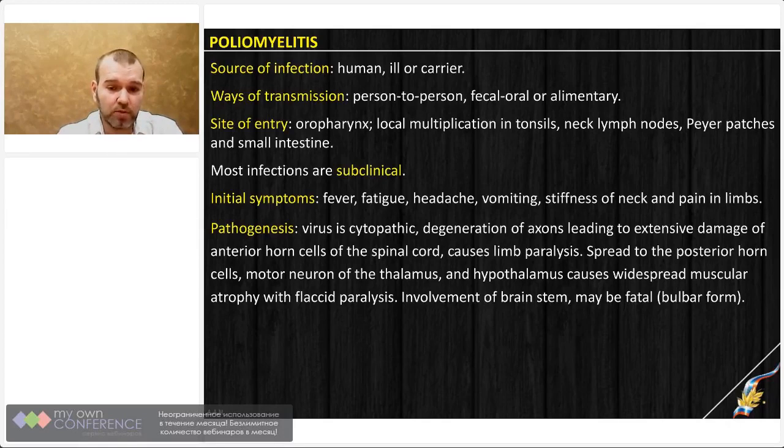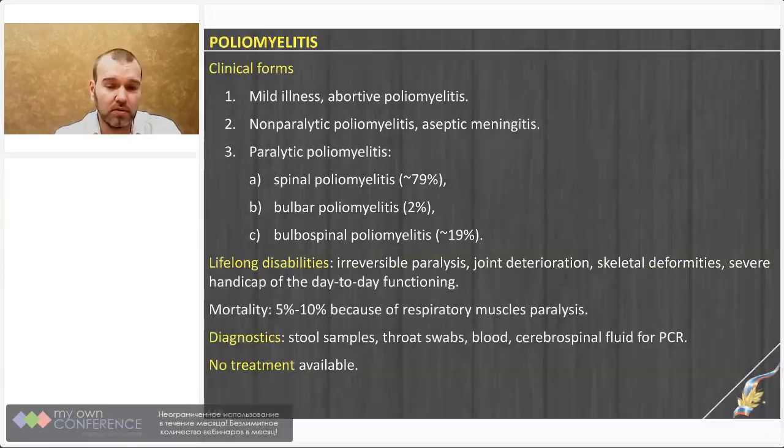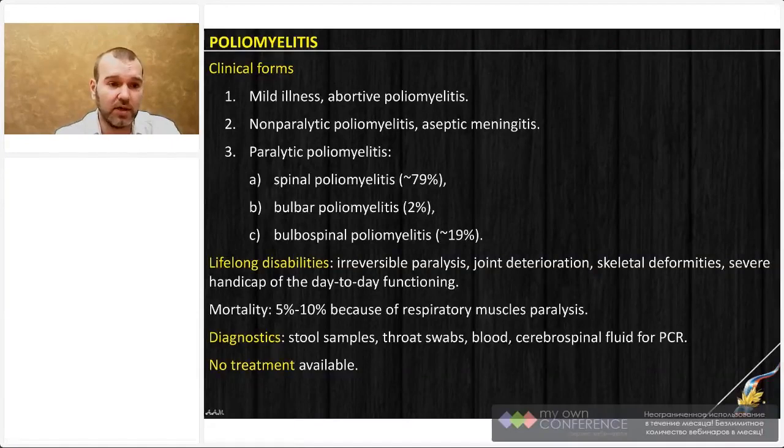If virus spreads to posterior horn and motor neurons of thalamus, then even central nervous system can be damaged, which will lead to atrophy of muscles of human body and lead to flaccid paralysis. So if brainstem of affected person is involved in that disease, then bulbar form of polio will occur, and that form can be fatal because of heart failure or respiratory failure.